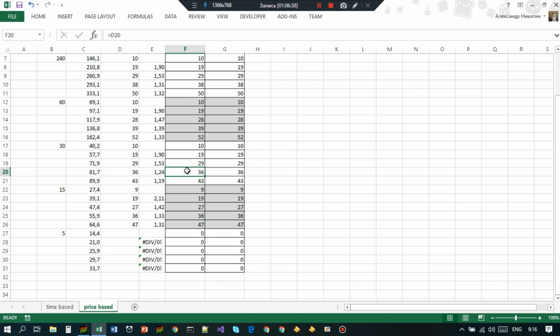It was 36 and it is 47. Oh yes, 47 should be around 50. Yes, the last one. The ones before them should be 38, 36, 36 here, 36 here, 39 here, 38 here.